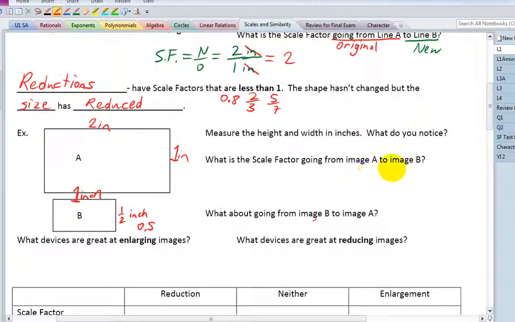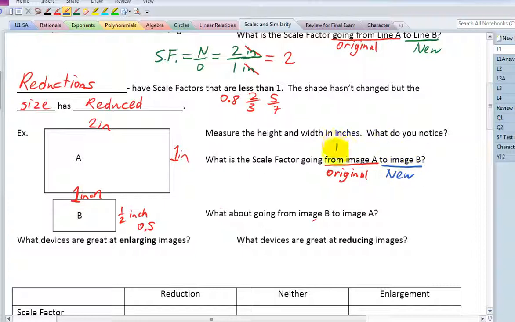Okay, so scale factor going from image A to image B. So from, what does that make image A? New or original? Okay, because if you're starting at A, that means it's the original. And if you're going to image B, that makes it the new image.